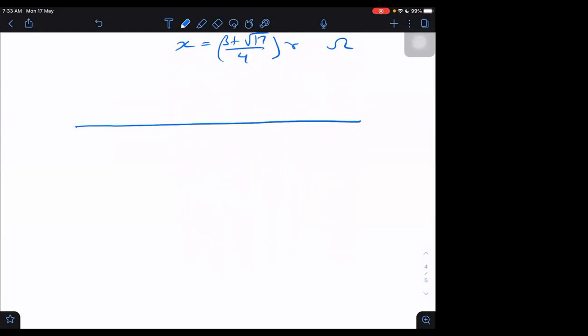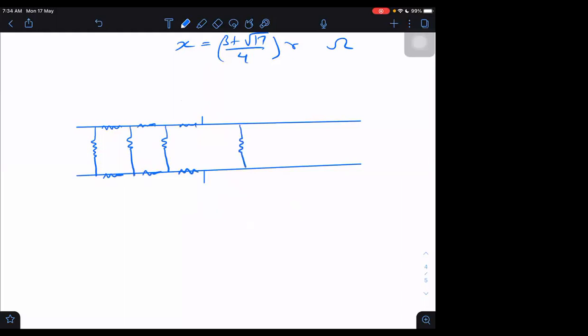Let us take one more example. This one, let us say between A and B. Can you get it?